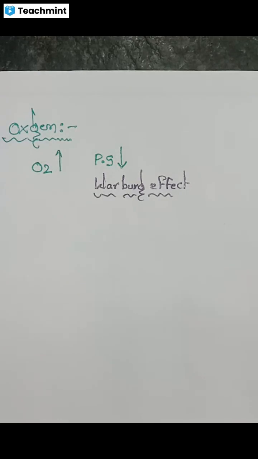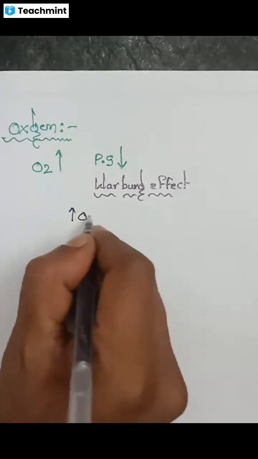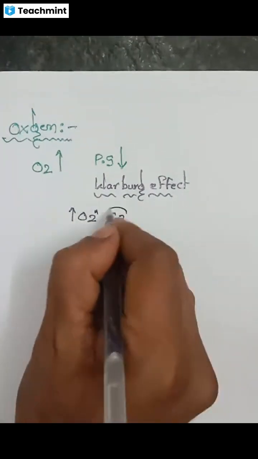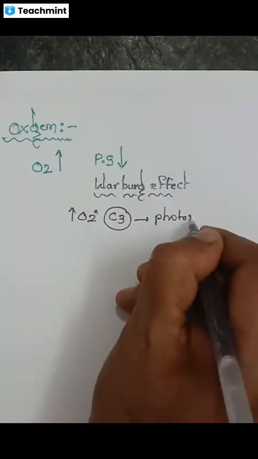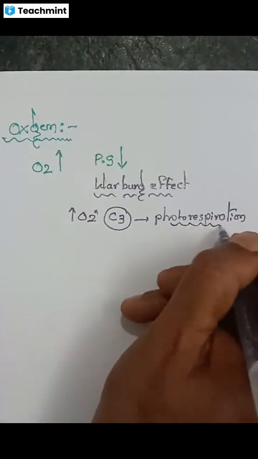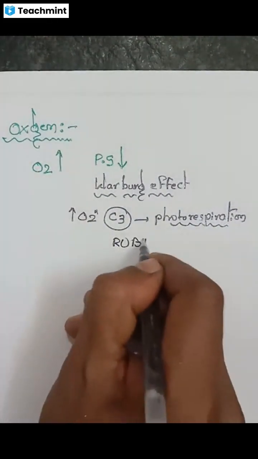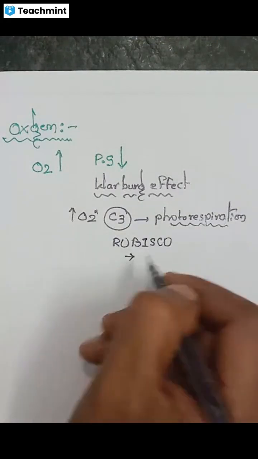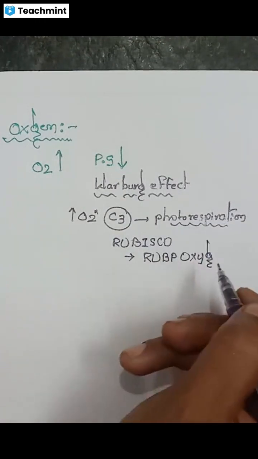It is called the Warburg effect because in C3 plants, when the concentration of oxygen increases, photorespiration occurs. Photorespiration occurs because the enzyme Rubisco acts as RuBP oxygenase at high oxygen concentration.